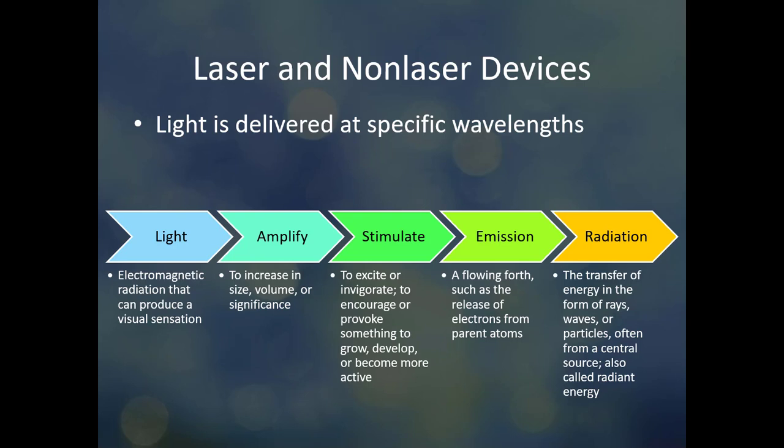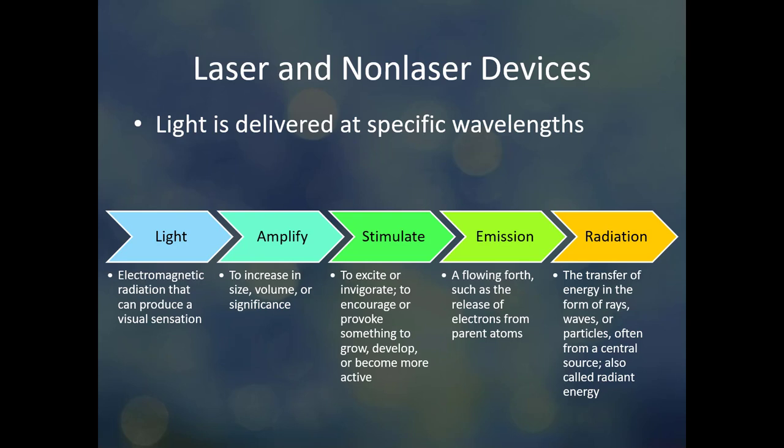The following are terms, definitions, and characteristics of lasers. Light. An electromagnetic radiation that can produce a visual sensation. Amplify. To increase in size, volume, or significance. Stimulate. To excite or invigorate.